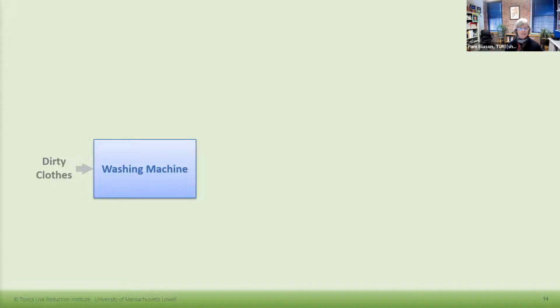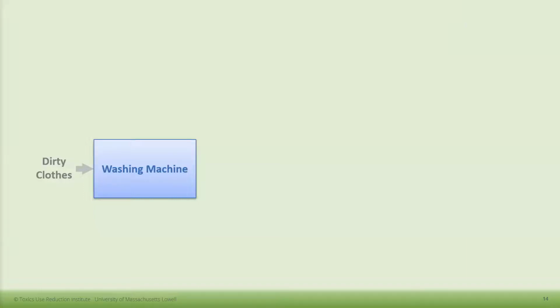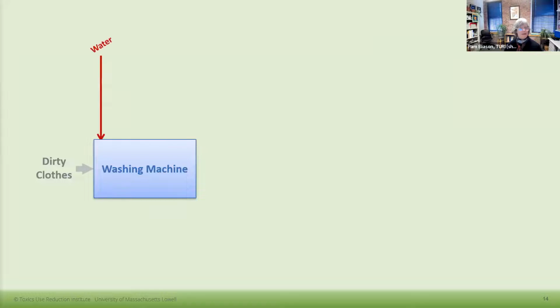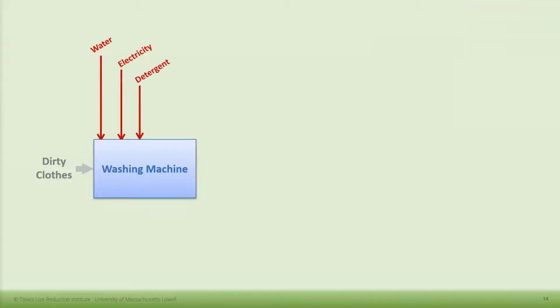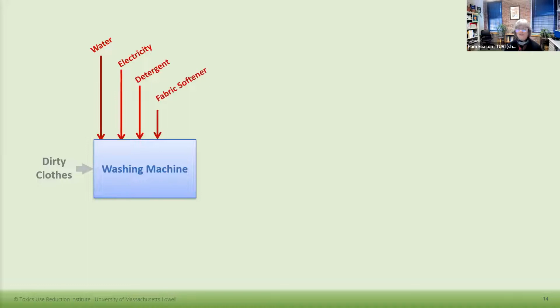What are some of the inputs for a washing machine? Just unmute yourself and shout it out. Clothing. Water and soap. Yep. Electricity. Detergent, fabric softener, sometimes bleach, or there could be all kinds of things.